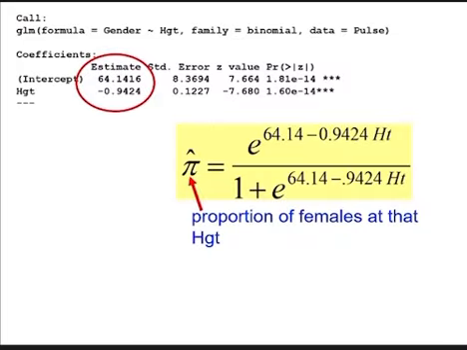It means if I have some students and I have information about their height, but I can't see them and don't know whether they are male or female, I want to use information about height to predict whether they are male or female. I'm going to use this model. If I have information about height, I can predict the probability that the person is going to be a female.